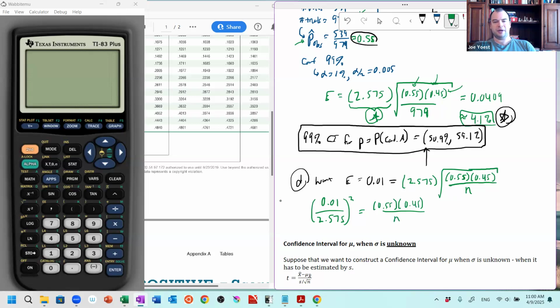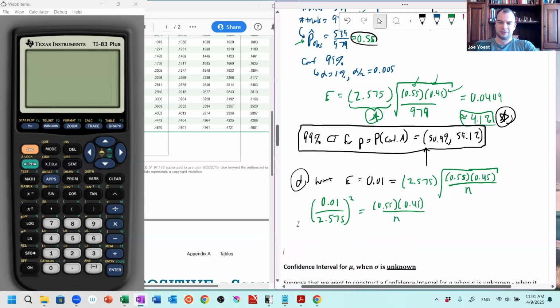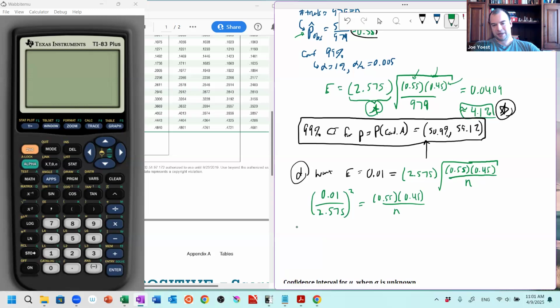And now I can multiply by n and multiply by the inverse of 0.01 over 2.575 squared. Multiplying by n puts an n over here. I still have 0.55 times 0.45 on the right, and then I multiply by the inverse of this to give me 2.575 over 0.01 squared.